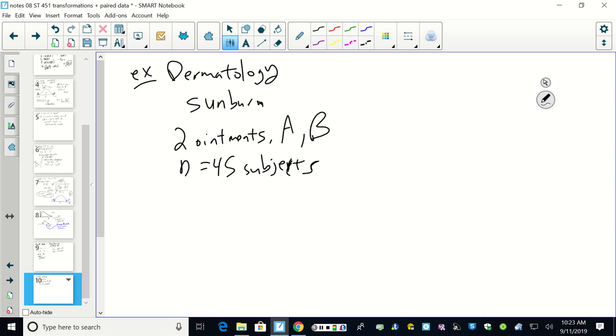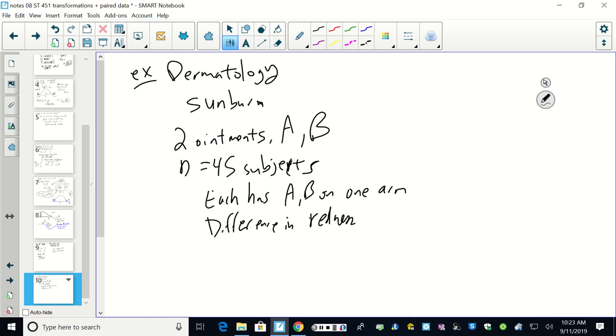So 45 subjects, each has A, B on one arm, and we can take the difference in measure of redness, A minus B. You can flip a coin to see which arm is on there, so that would kind of balance out the left-right issue, right?